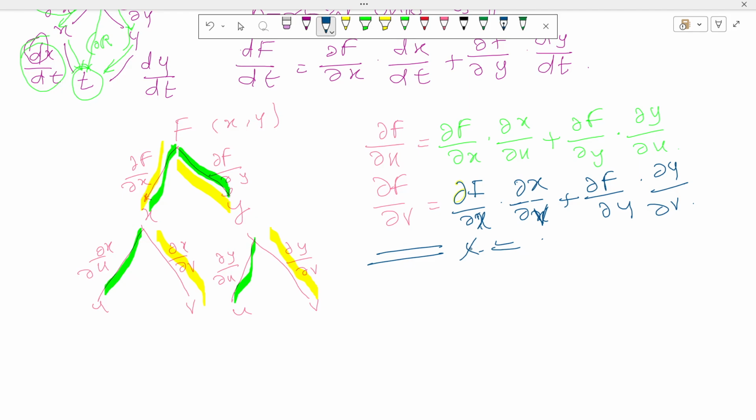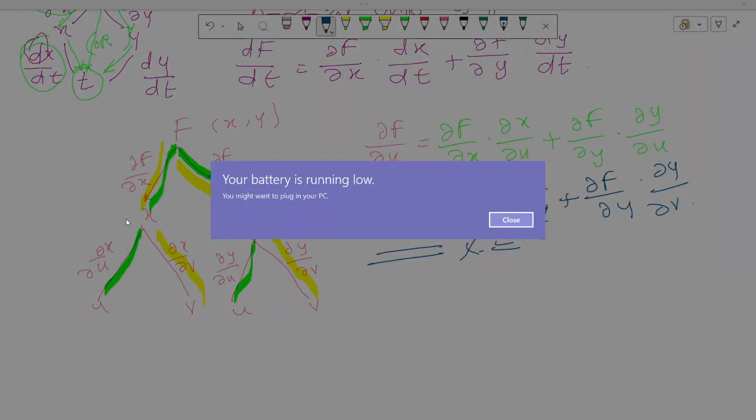It is sequences. Yeah. Write this. Battery is low. Okay.